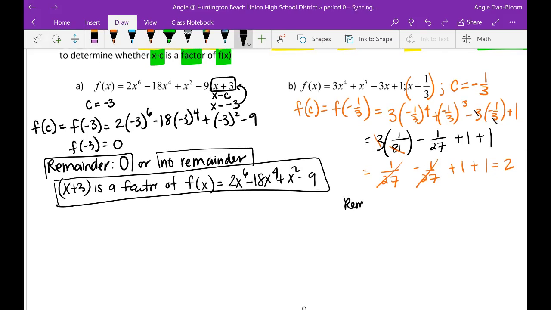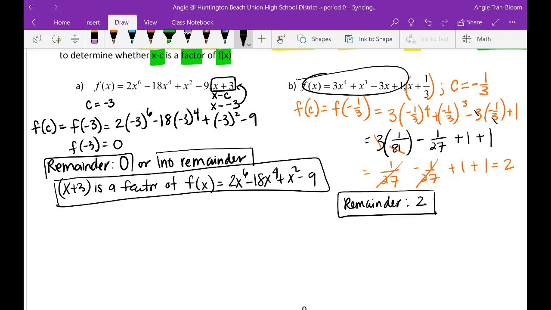So the remainder is 2. What does that mean? When I take f of x and divide it by x plus 1/3, you're going to come up with a remainder of 2.